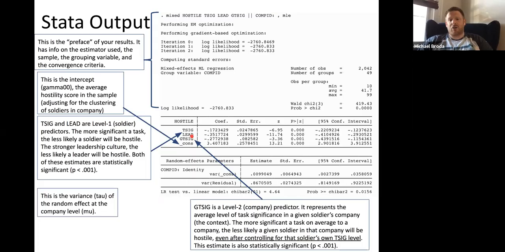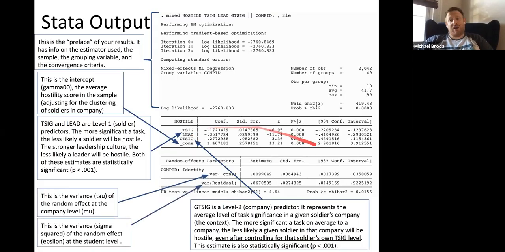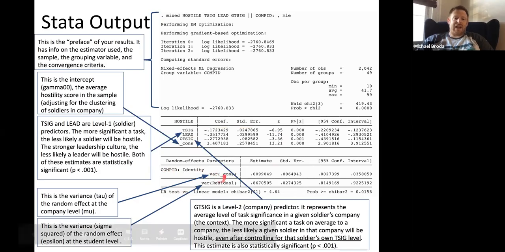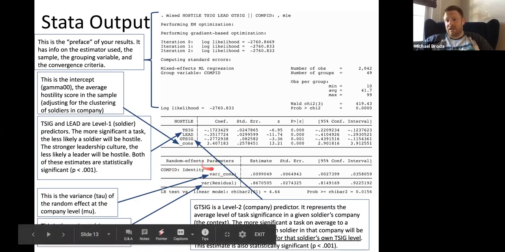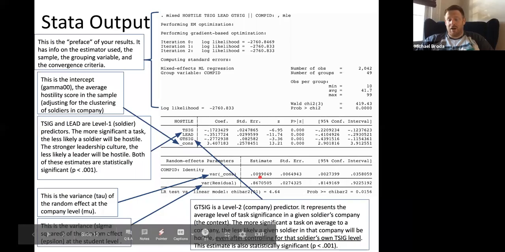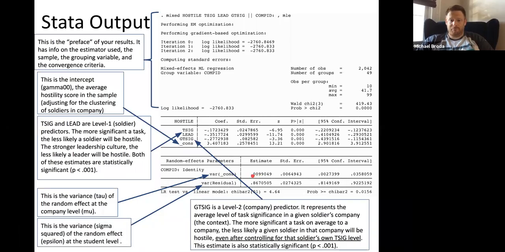Okay, so the other components that we want to pay attention to here are the random ones. So first, where it says company ID: identity, that is the random component at the company level, the random intercept component at the company level, and it's equal to 0.009 or about 0.01.